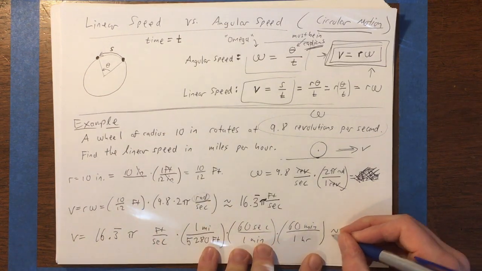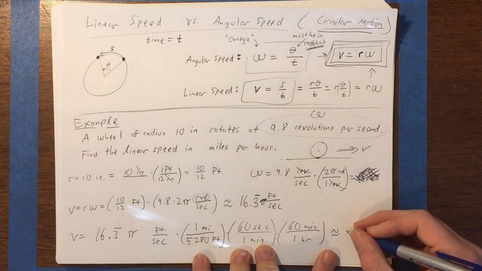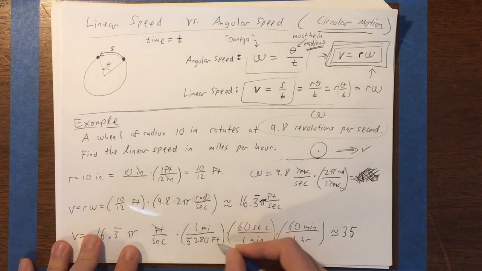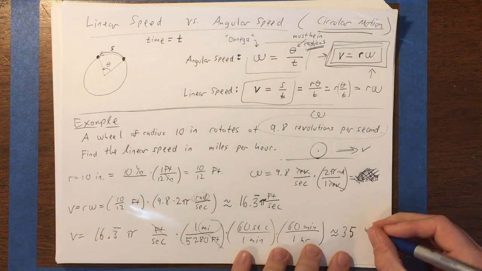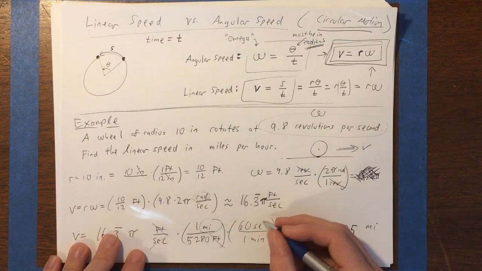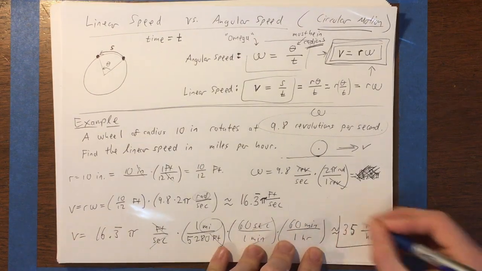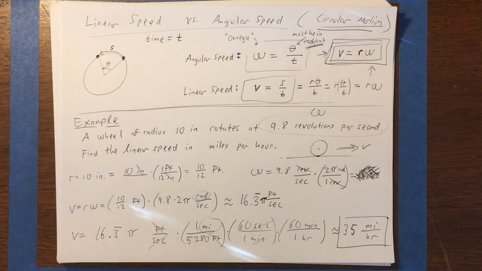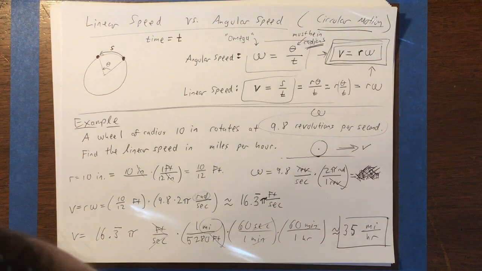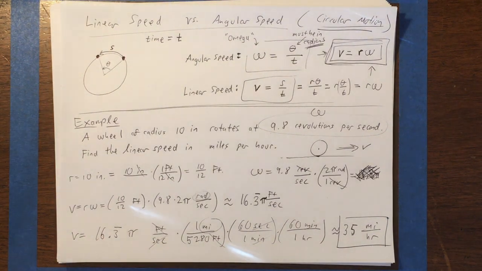And multiply that all together, and that's approximately 35. And now feet cancel with feet to give me miles. Seconds cancel with seconds. Minutes cancel with minutes. And I have 35 miles per hour, approximately. There we go.